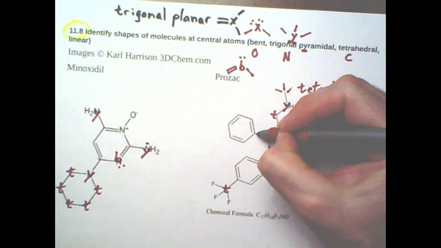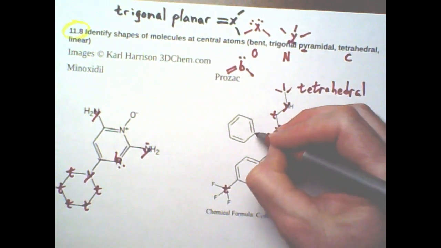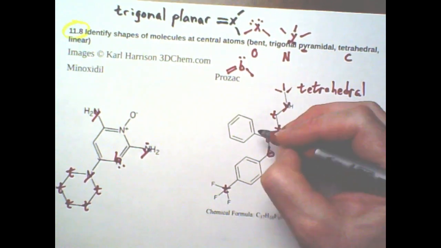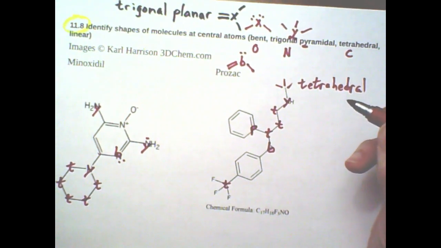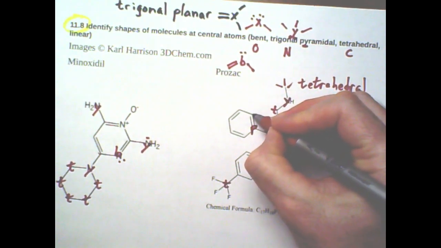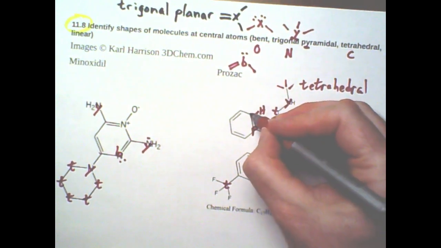From this one here, we've got a carbon down there, a carbon there with a double bond, and a carbon there. So this, I'll put a P for planar. This here has that hydrogen coming off, so it has 3 things with a double bond.